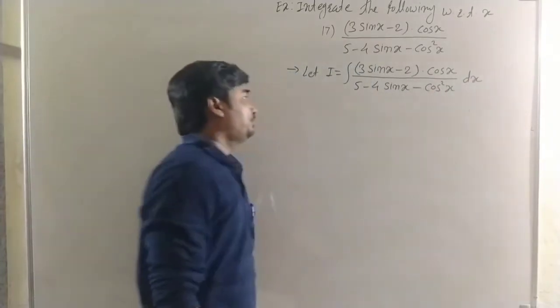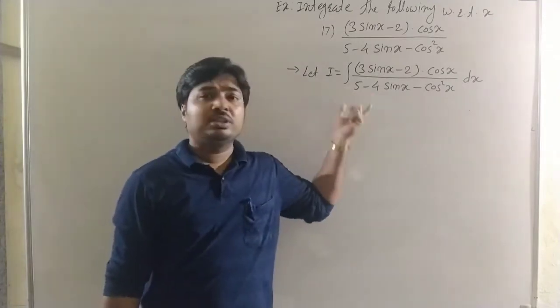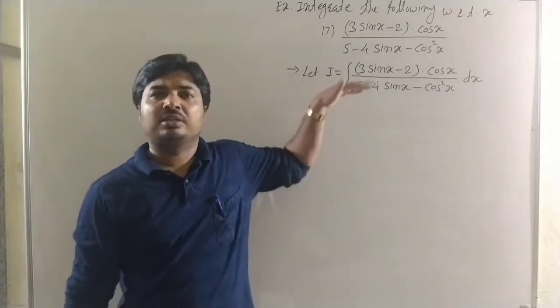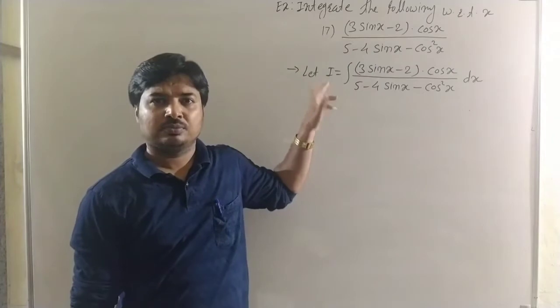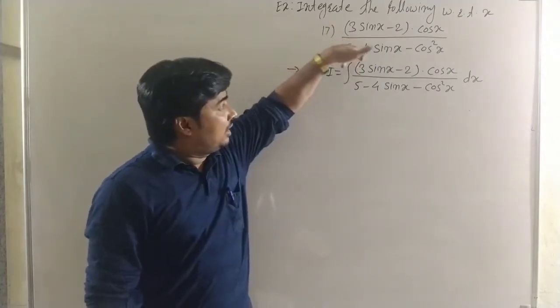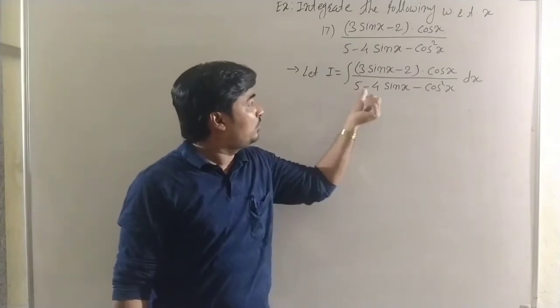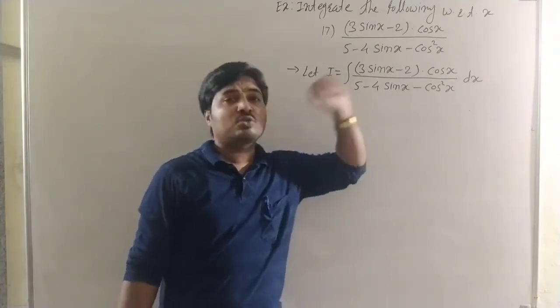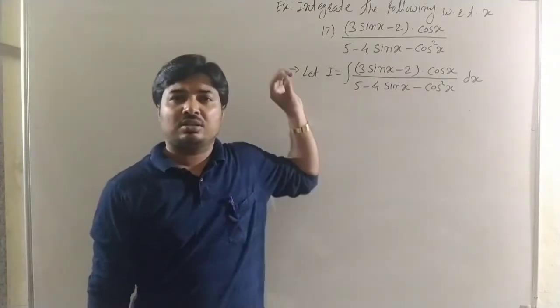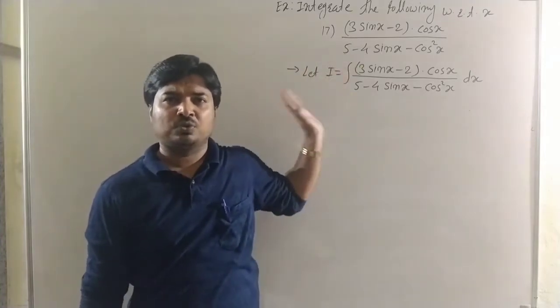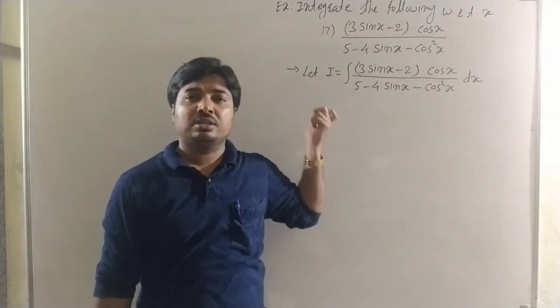Okay, now see carefully, this integral is not in our type, that is, it is not a rational function. It is not straightaway in our type, so the second step is we can check whether there is a substitution or not.